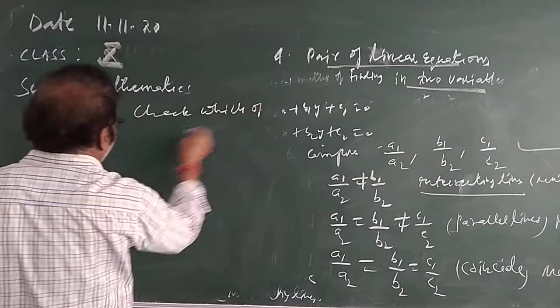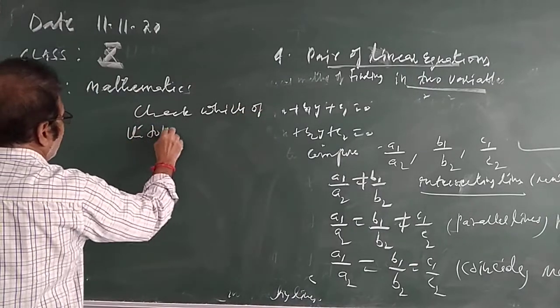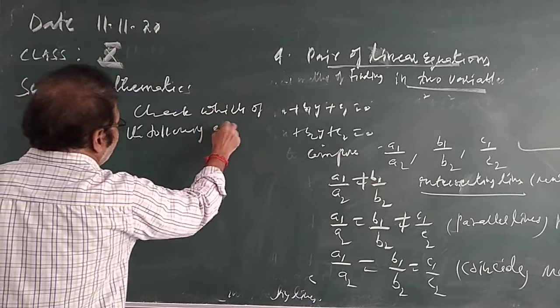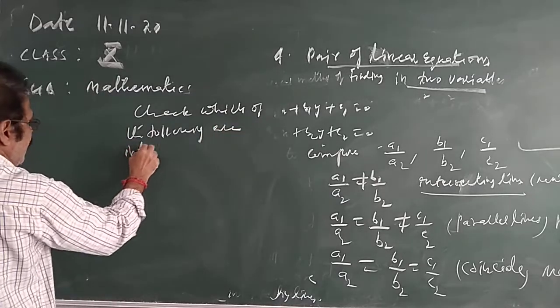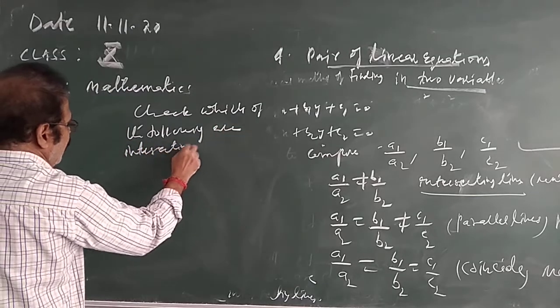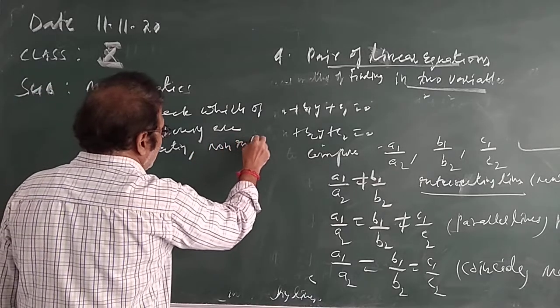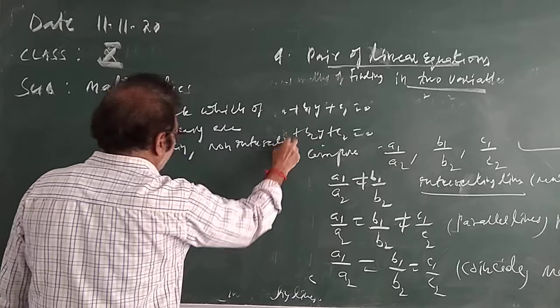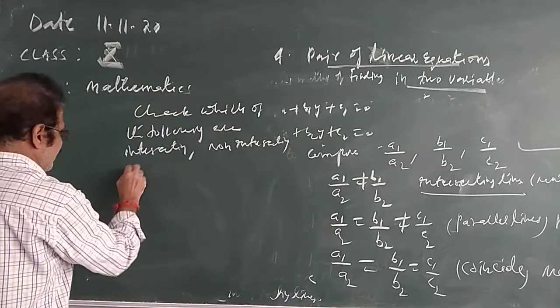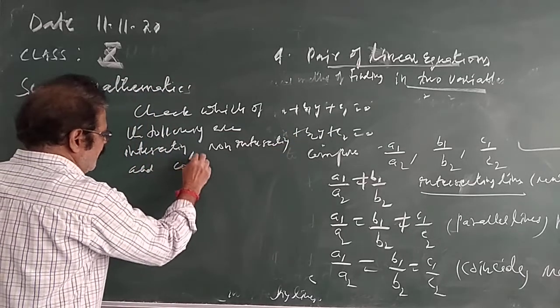Check which of the following are intersecting, non-intersecting. Non-intersecting means parallel lines and coinciding.